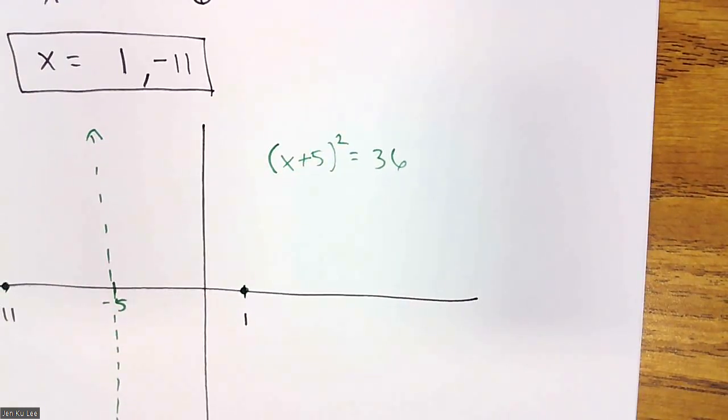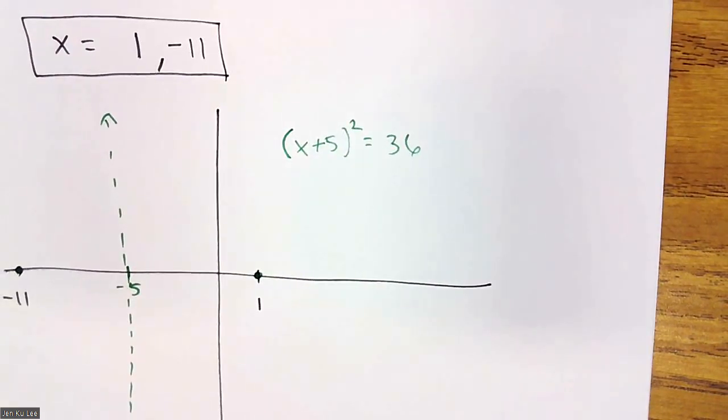What's my k value? What's my k value then? It would be negative 36.